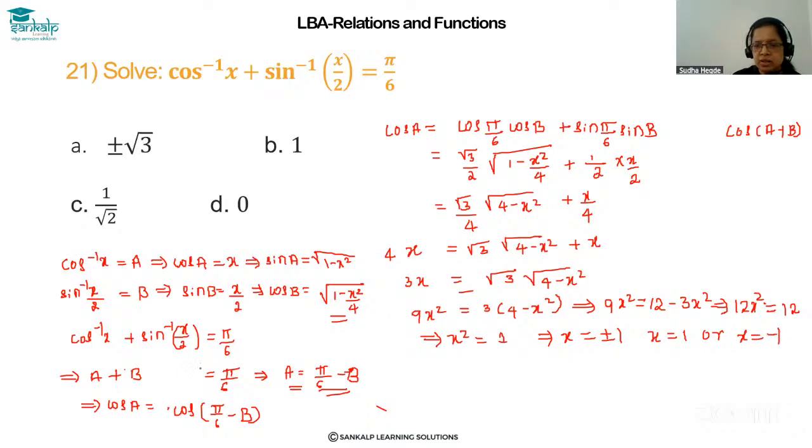Okay, now check which one is correct, plus 1 or minus 1, by checking the given equation. So if you put x is equal to 1 in the given equation, it is cos inverse 1 plus sine inverse 1 by 2.